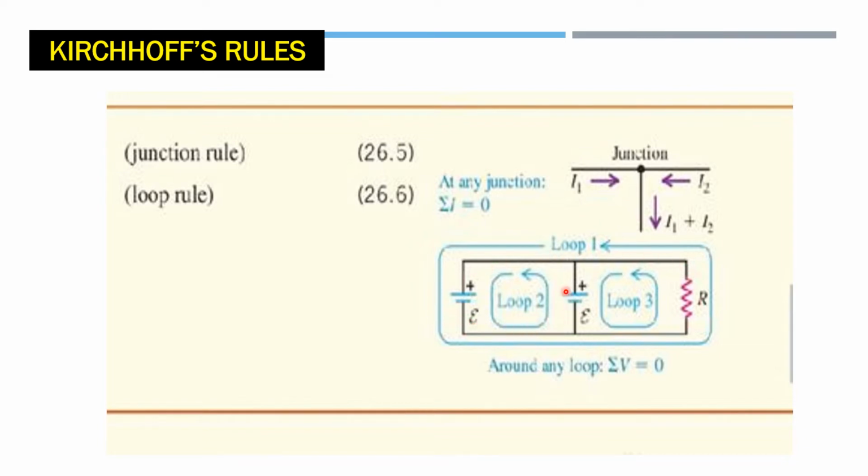We can do that also for the smaller loop. If we go around that small loop, the total amount of the voltages or EMFs must also be equal to 0.